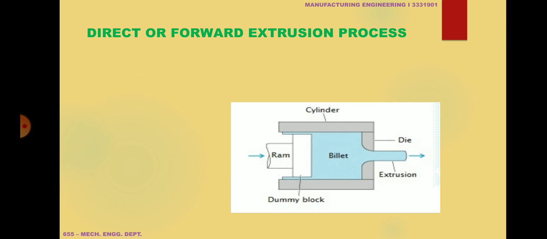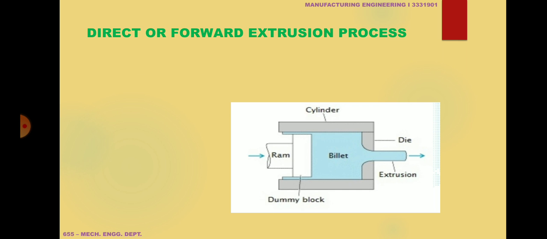As we have shown in the figure, a die is given, which is placed or inserted in a cylinder. A billet, a metal at a plastic state, can be poured in it, and with the help of a ram it will be pressurized.